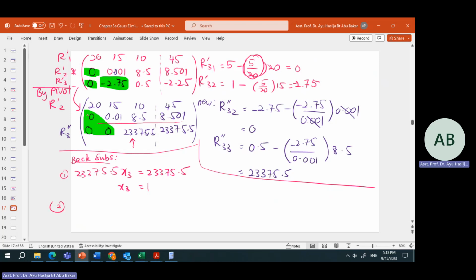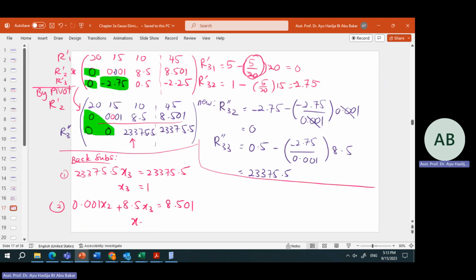Okay, here x1 is 0. You only have x2, x3. Okay, 0.001 x2 plus 8.5 x3 equals to, okay, x3, you get 1 just now.